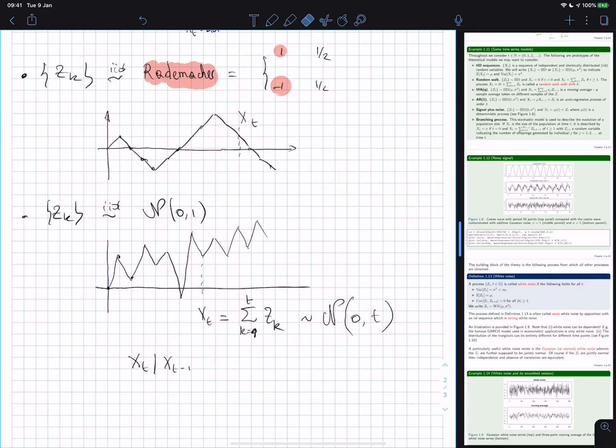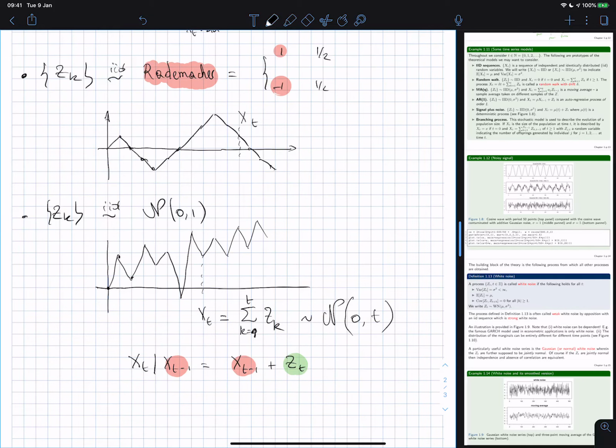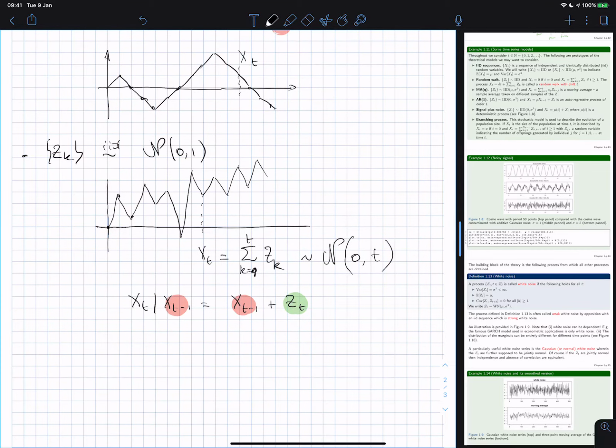No, Henry, because xt given xt minus 1 is just xt minus 1 plus zt. So now this guy here is fixed, we consider him fixed, and we add some random noise to him, which is itself Gaussian. So given xt minus 1, xt is a bit more complicated to see.